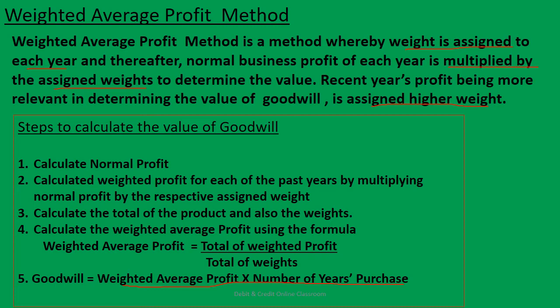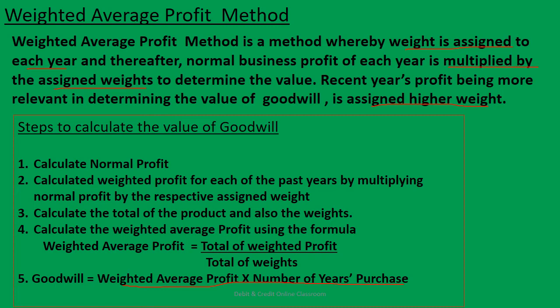Let us see the steps to calculate the value of goodwill. First we have to calculate the normal profit, then calculate the weighted profit for each of the past years by multiplying the normal profit by the respective assigned weight. Calculate the total of the products and also of the weights.